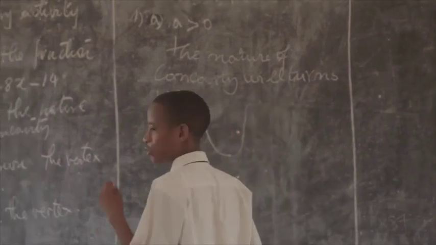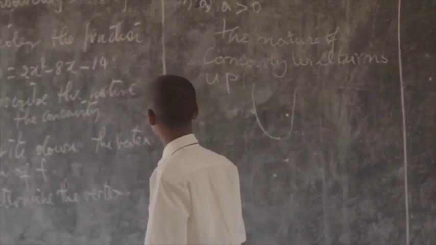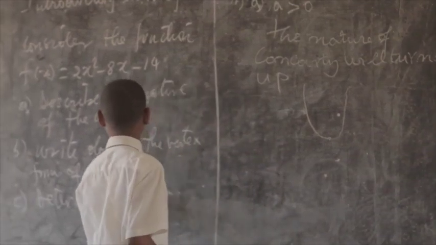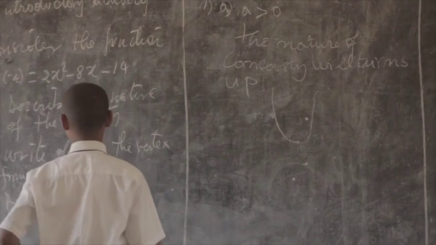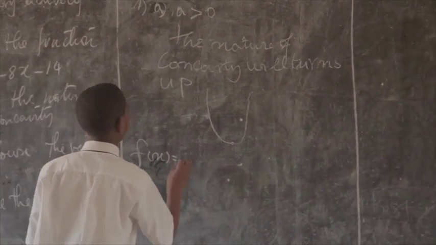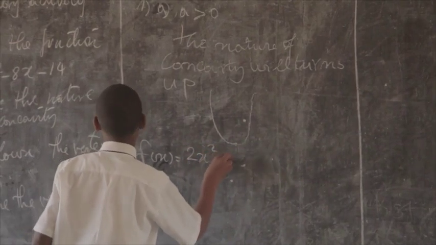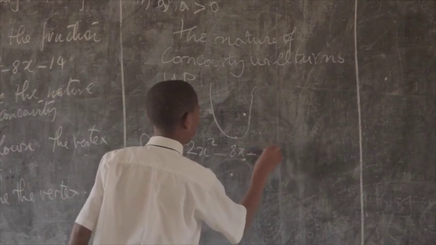The second question is to write down the vertex form of f. To write the vertex form of f, we need to find its vertex form, of course. You have f(x) equal to 2x squared minus 8x minus 14.